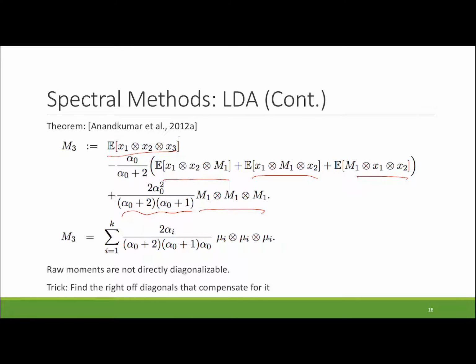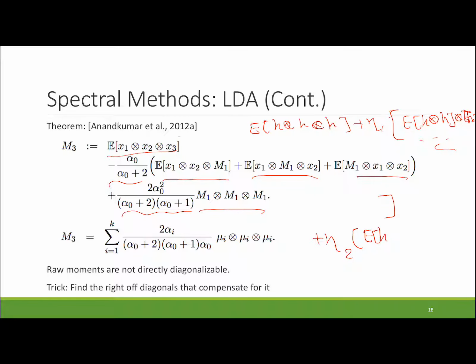You can simply compute them by computing E of H cross H cross H, and linearly combining this with all combinations of the second order moment and the first order moment of the Dirichlet, and setting the off diagonals to 0.